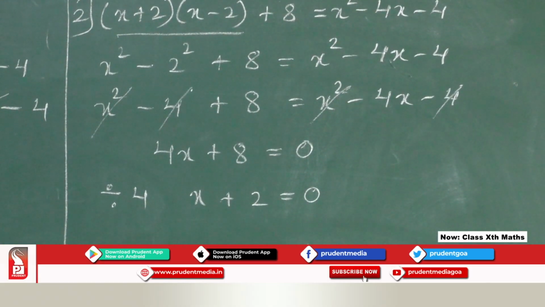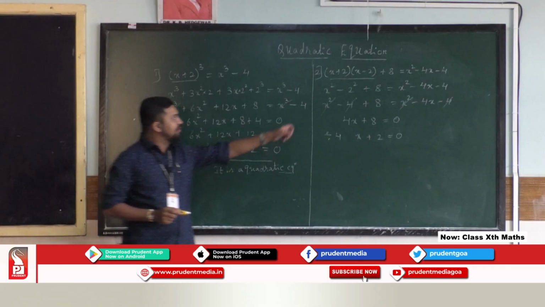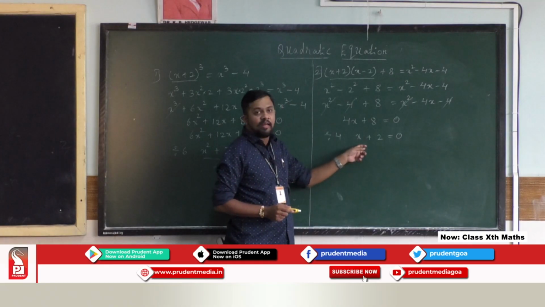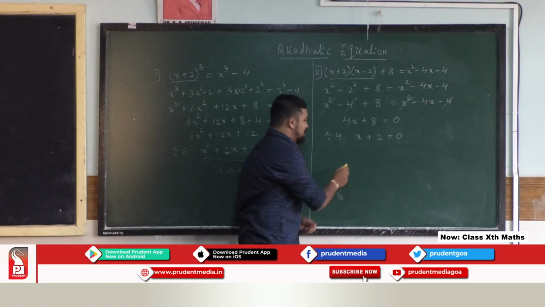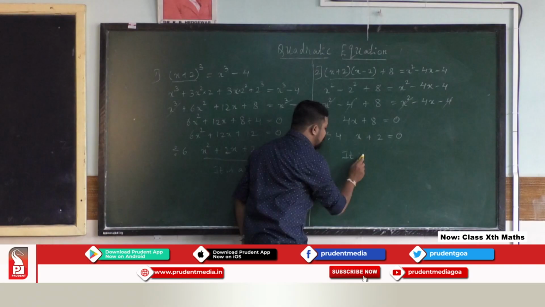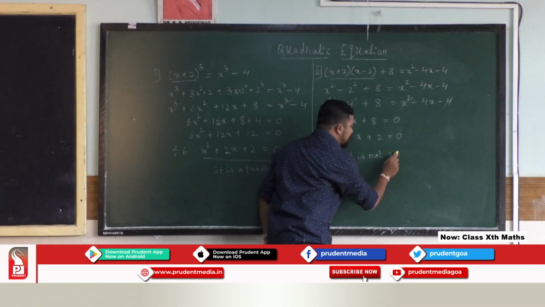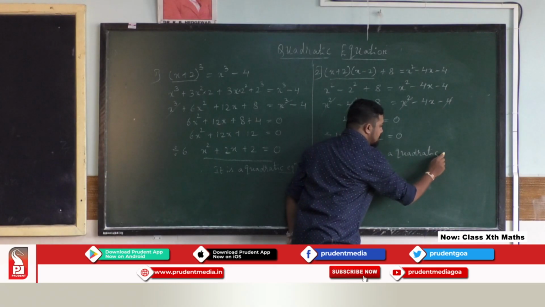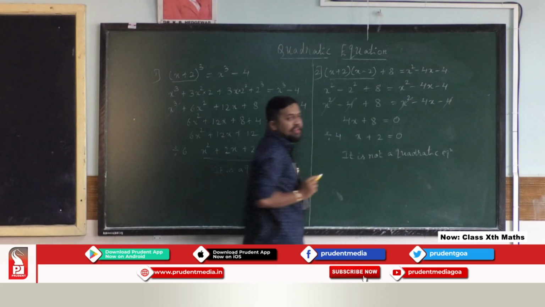And now if you see the final conclusion, it looked like a quadratic because of degree 2, but now it became a linear equation, degree 1. So it is not a quadratic equation.